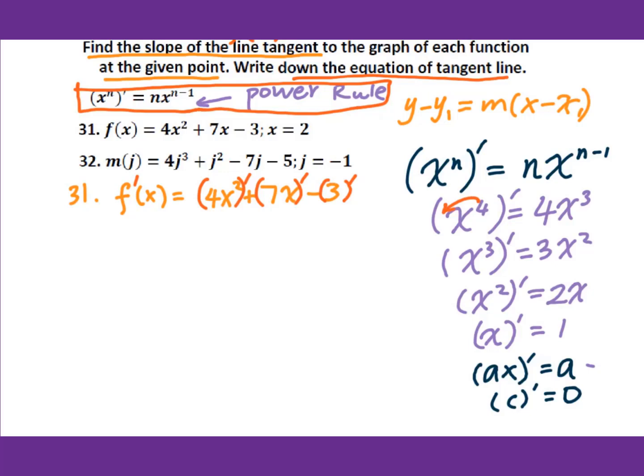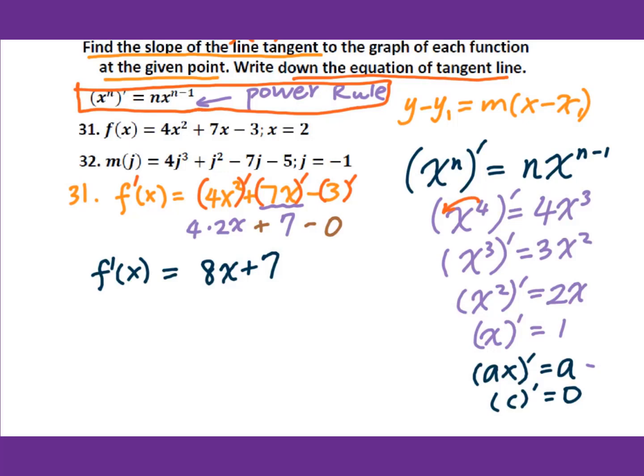The derivative of x squared is 2x. Bring down the 4 and do the multiplication. If this is a linear function, then it's just your slope. The sign won't change, so this is a plus. The derivative of the constant number is 0, so minus 0. Then we organize, that is 8x plus 7. That is the derivative of f of x.